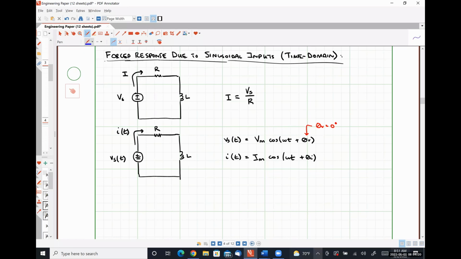So what I'm going to do here is I am going to call the voltage drop across my resistor VR of t, and the voltage drop across my inductor VL of t.